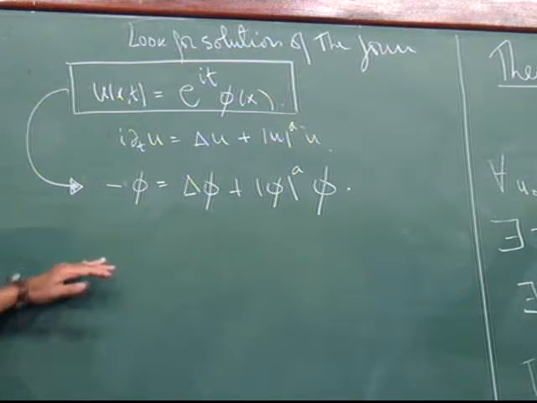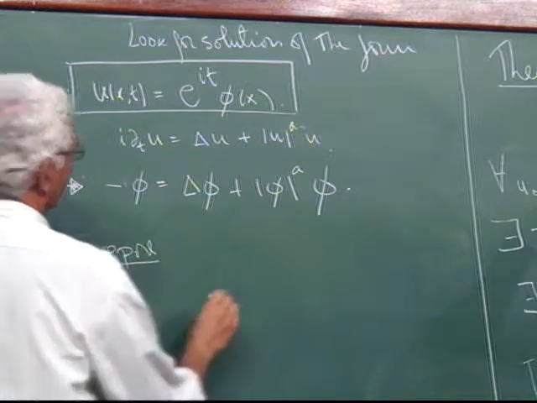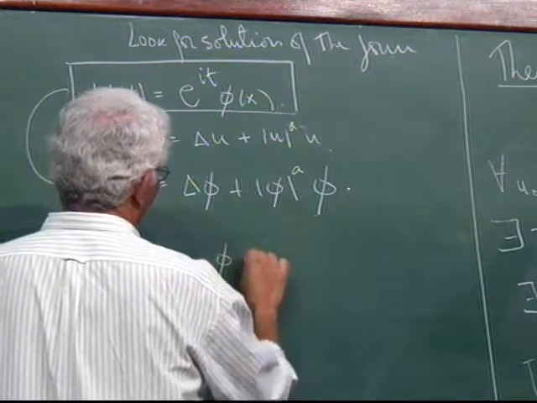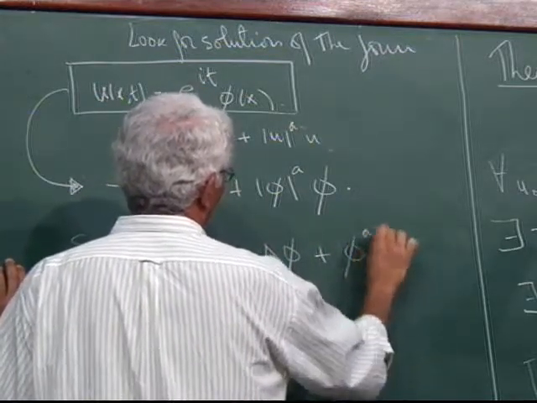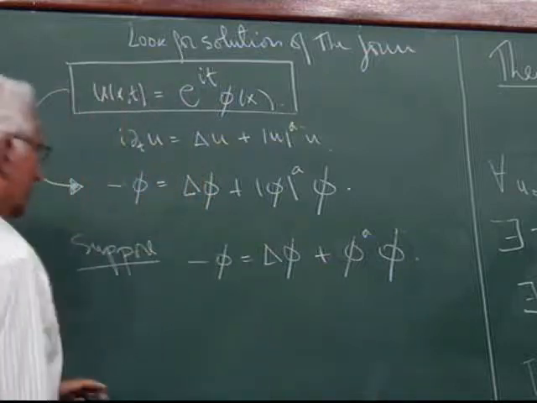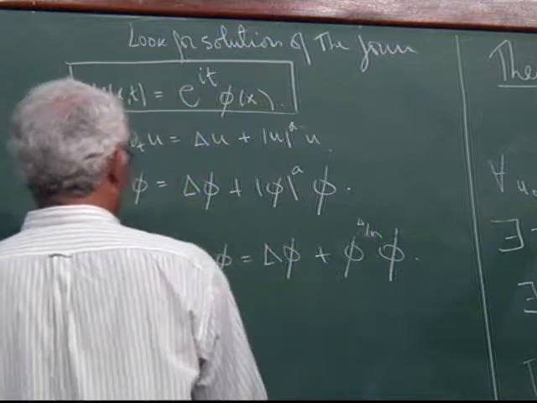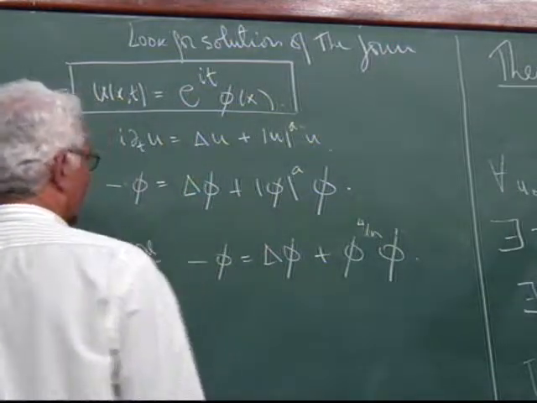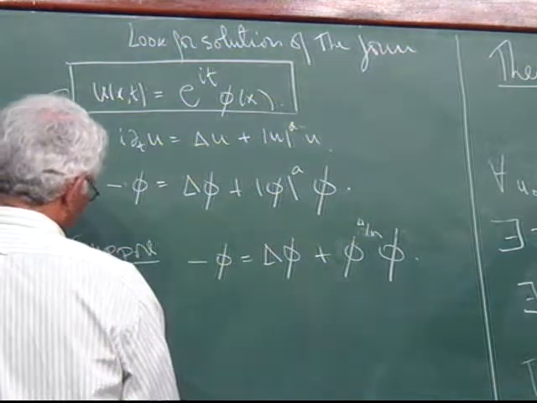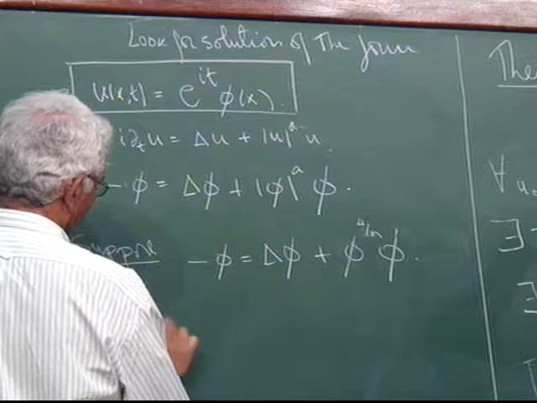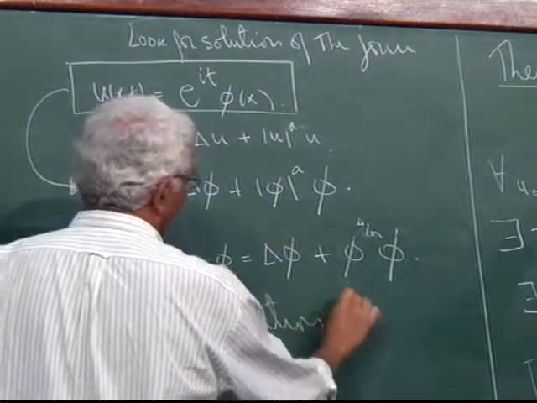Is that correct? But suppose that you consider something like this. And A is 4 over n. Something like that. Okay. Then the elliptic theory and result of Berestycki, Lions, and Strauss say there exists a unique positive solution of this problem.